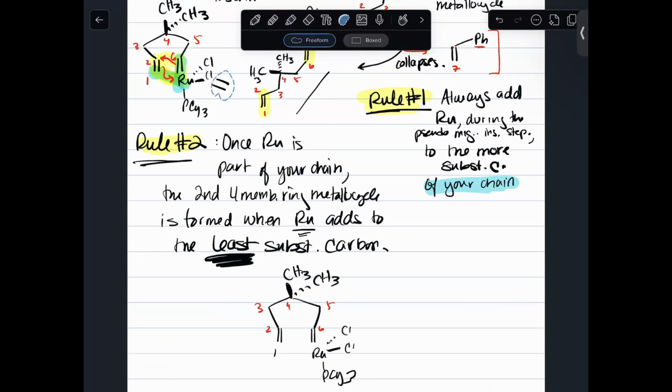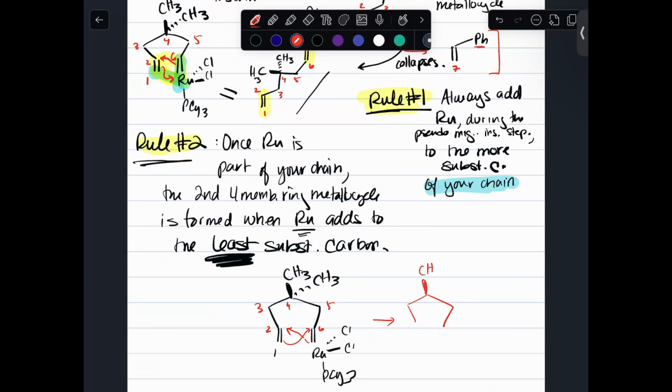This is an equal sign. I don't want you guys to think this is the double bond. If it adds to carbon 2, ruthenium is going to add to carbon 2 and carbon 1 is going to, it's zigzag. It's going to look as follows.